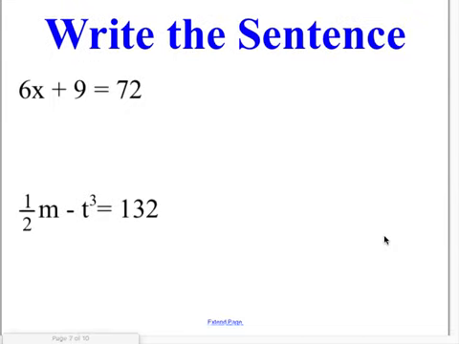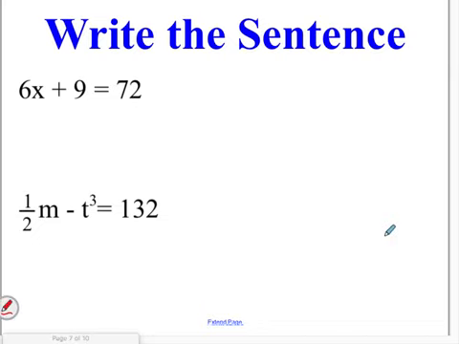Other piece that we have to do today is talk about how to turn the equation into a verbal sentence. So we got 6x plus 9 is equal to 72. Remember, one of the rules about writing sentences, any number under 10 has to be written out as a word. You cannot use the number.